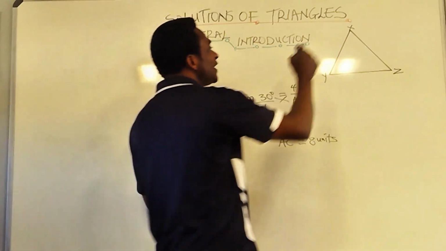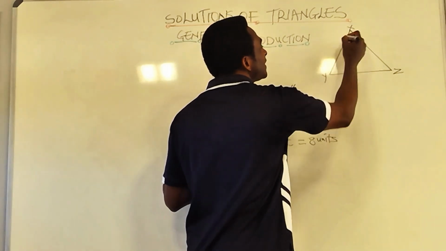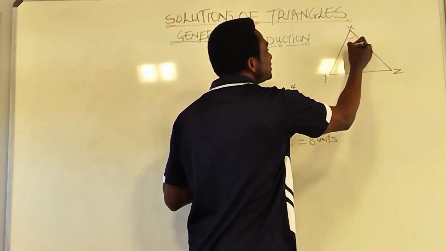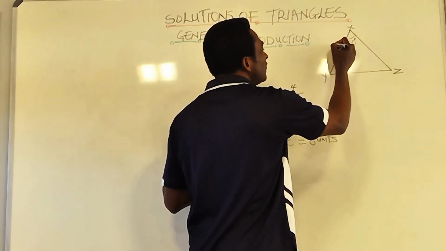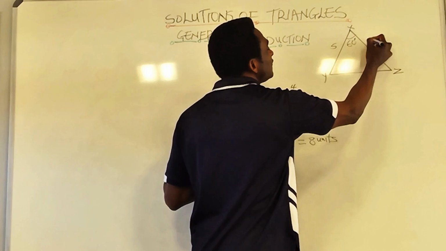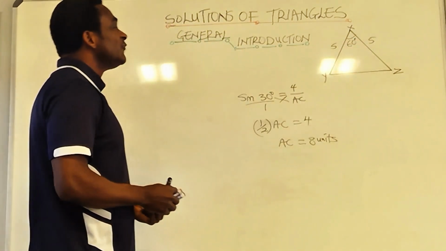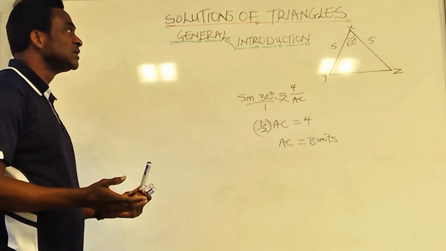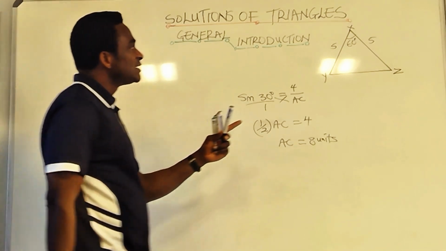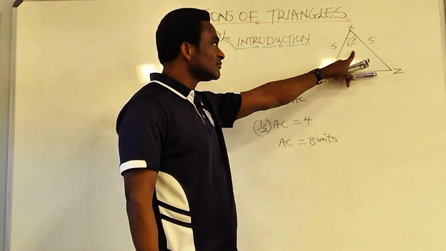Now, let's say we have triangle XYZ, and this is giving us 60 degrees. Then we have 5 and we have 5. If we have problems like this, SOHCAHTOA cannot work, but we can see what was given.